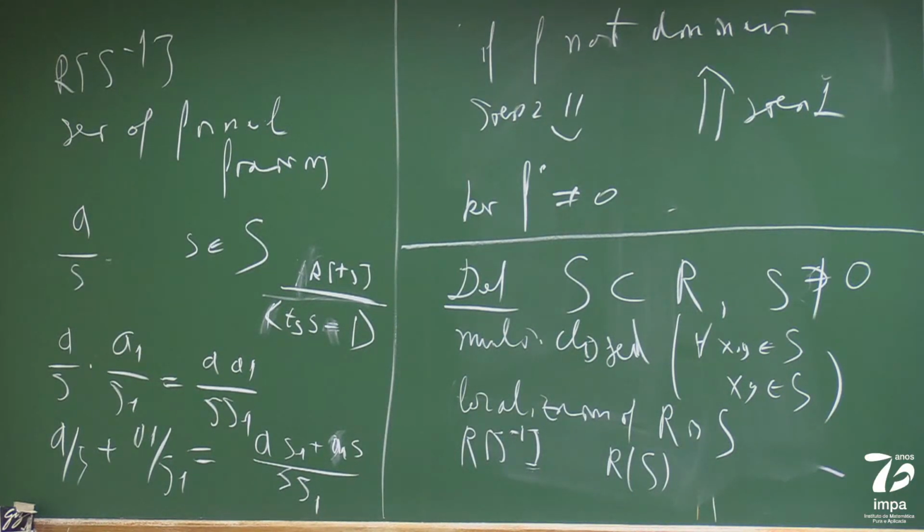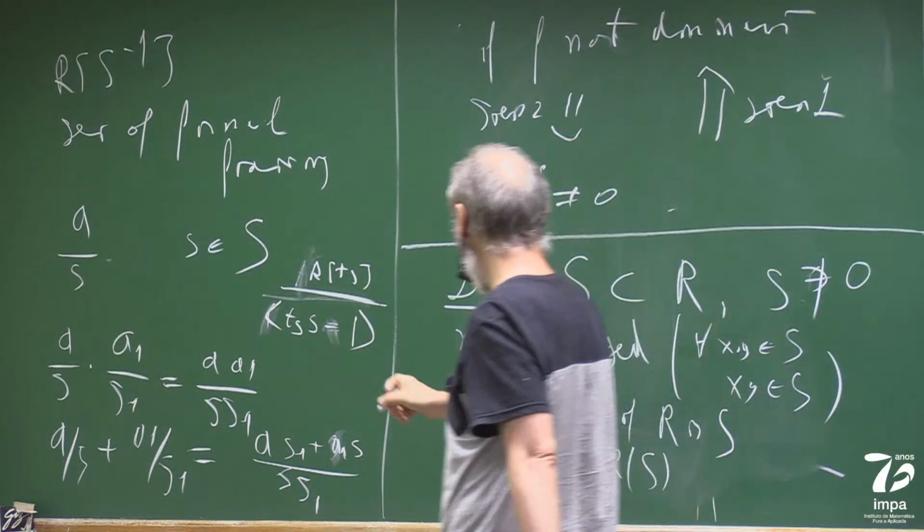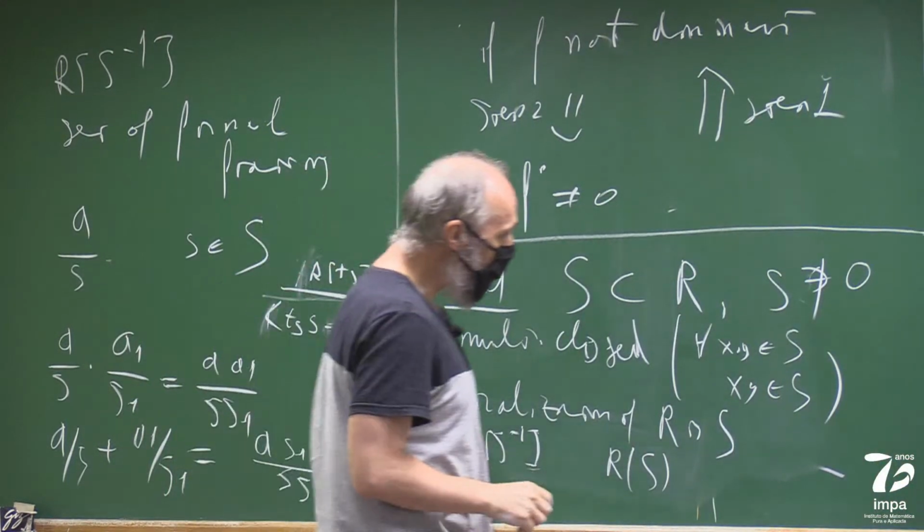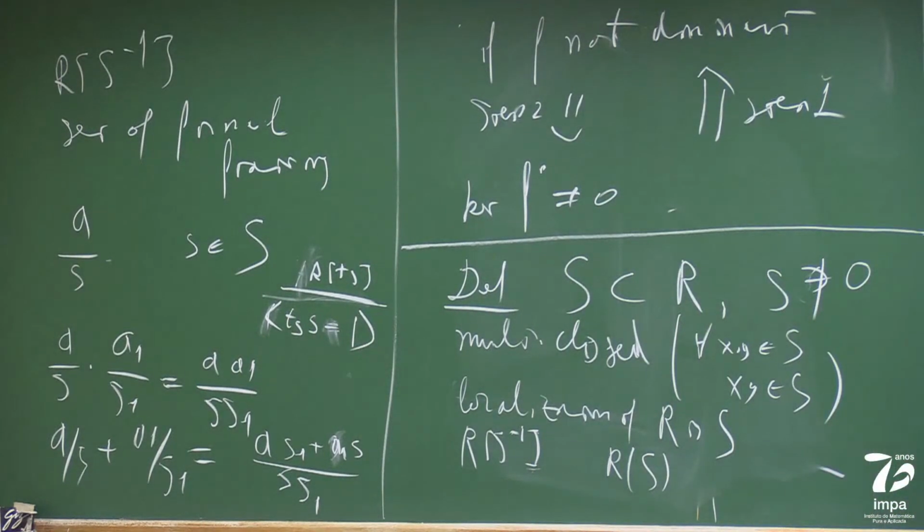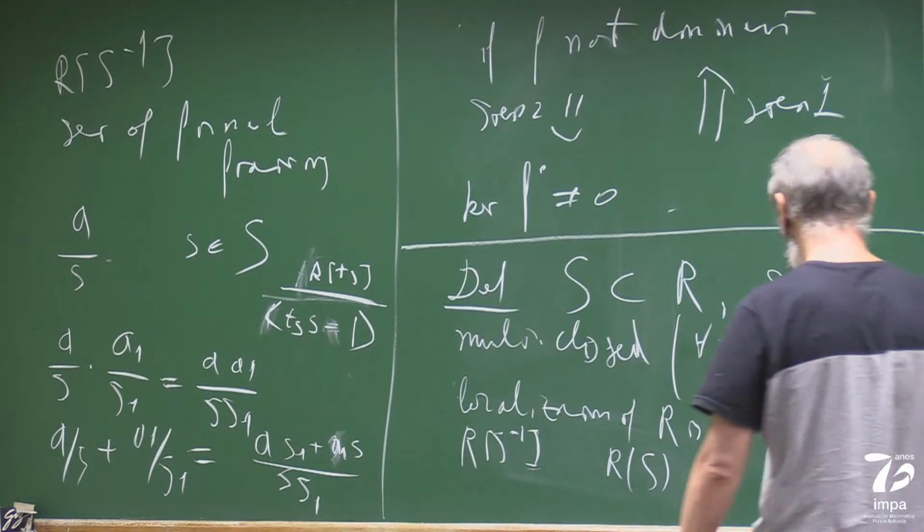Anybody who did rational numbers from integers already knows this procedure. But it makes sense in this big generality. What is important is that typically the fractions are not finitely generated, because your set S can be arbitrarily big.